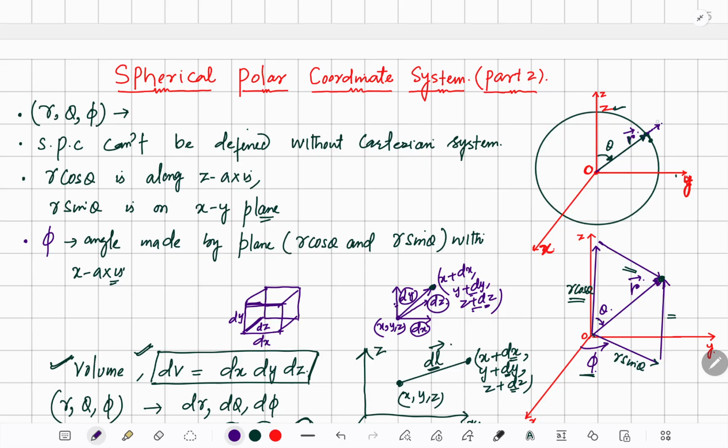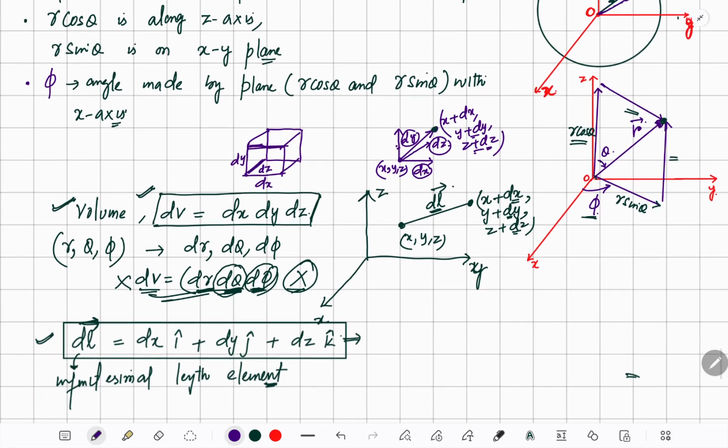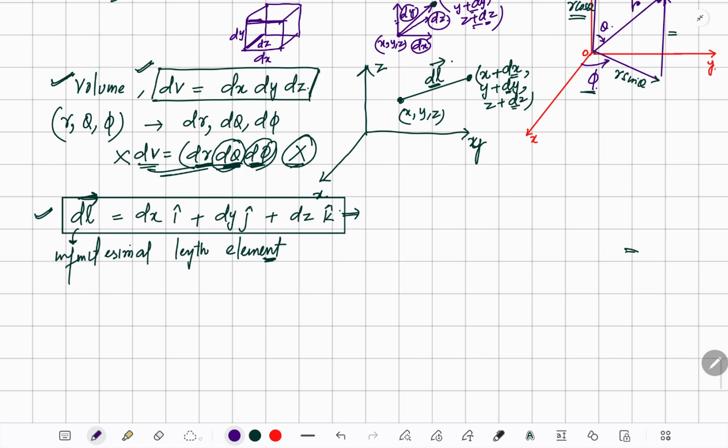This coordinate is now on another sphere, having r plus dr. So this is the point r plus dr. Now you move a bit in theta, so you are here. I hope you are able to see it. This is the important concept. If you are able to understand it, then things would be very easy for you.